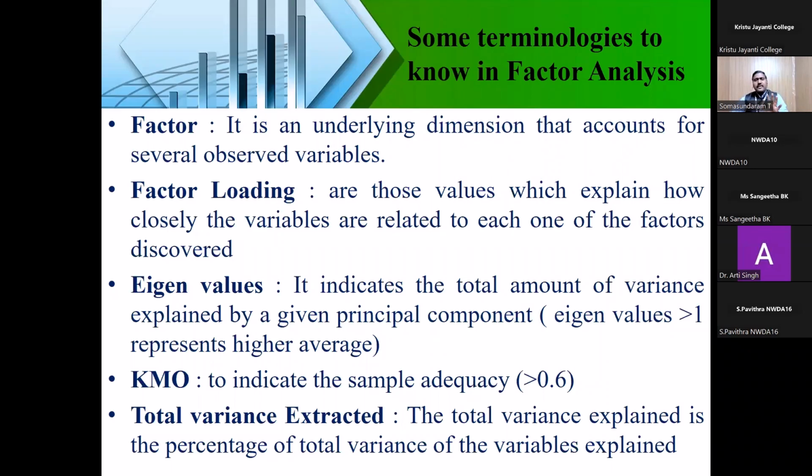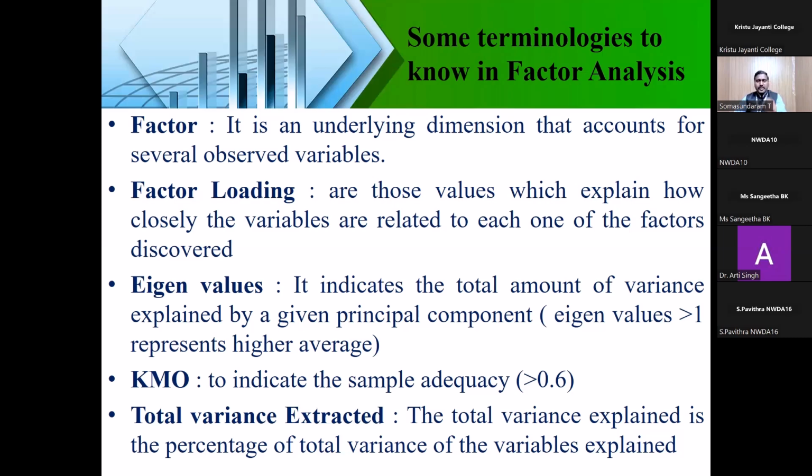There are 5 important terminologies in factor analysis. The first is the factor. That means it shows that your 120 variables or 50 variables can be put under 3 factors or 3 components. Next is factor loading. How do you tell that a particular variable or item can be put under this factor or not? Based on the loading value.